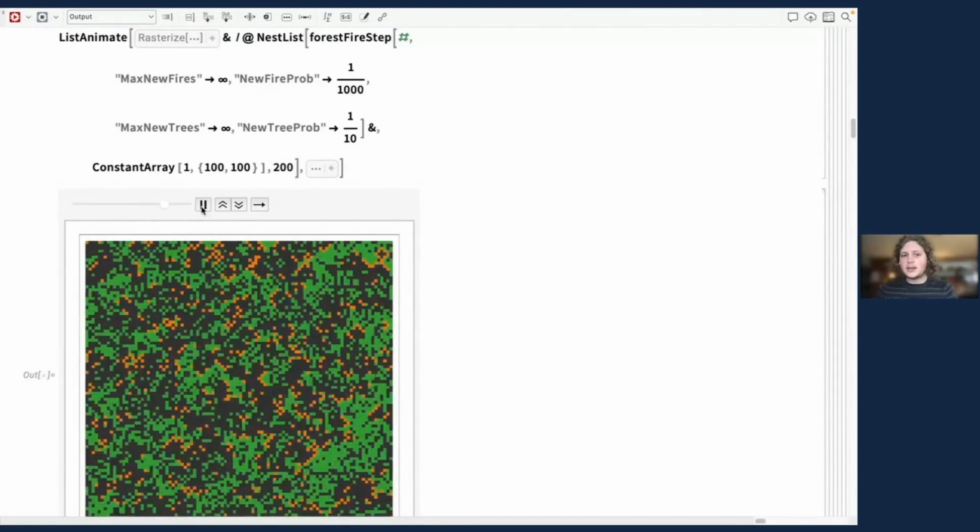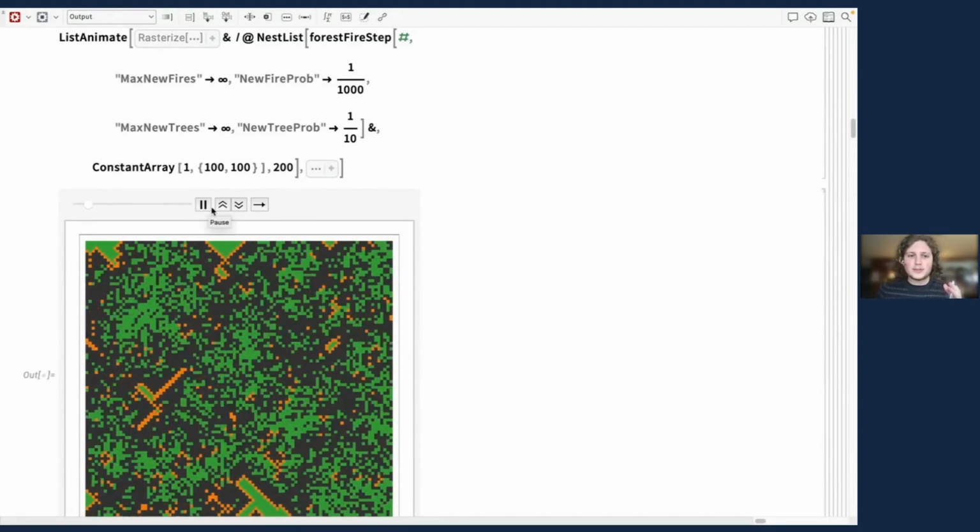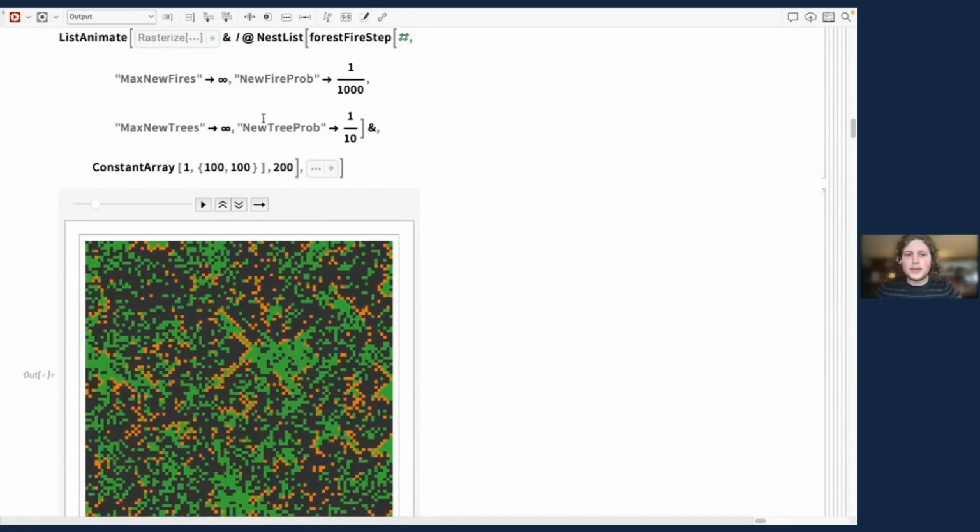Obviously, in the real world, fires don't spread quite like this. In the real world, for this to be much more meaningful, we'd have to pick a much smaller rate of new fires, but it makes for a slightly less interesting visualization, I think.